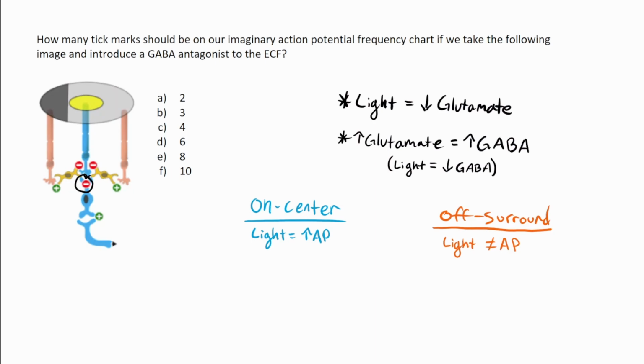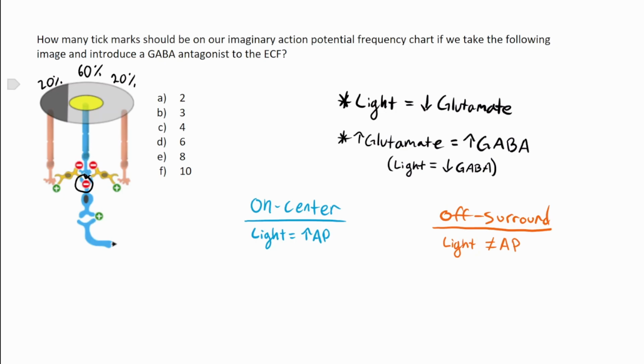First, let's look at it as if we weren't messing with the GABA. For visualization purposes and for helping us understand the concepts, we assign 60% of the action potentials to come from the center and 40% to come from the sides, 20% on each side.